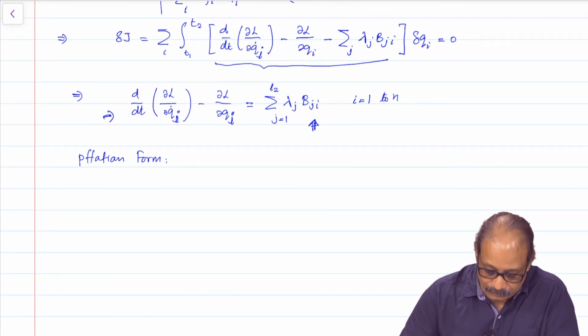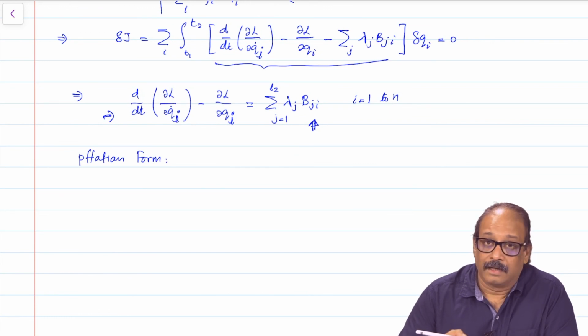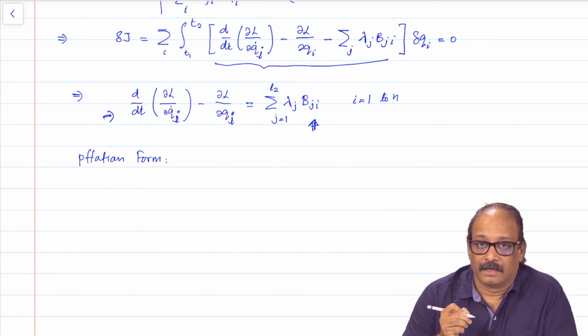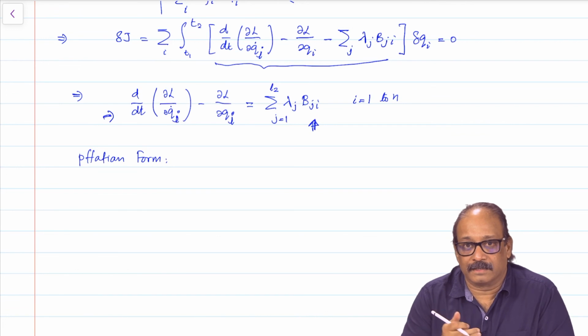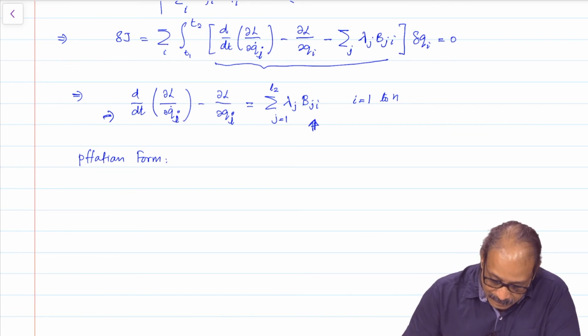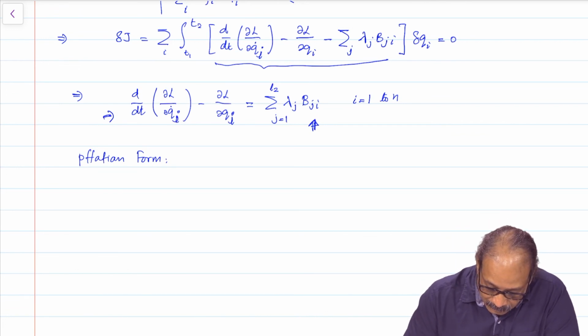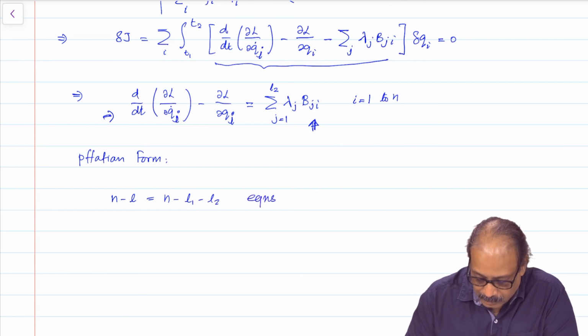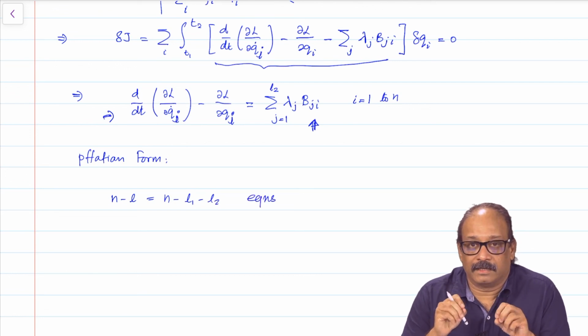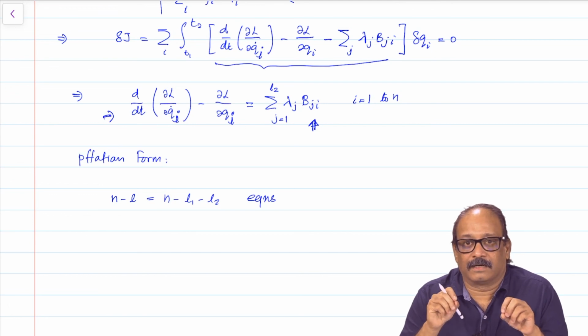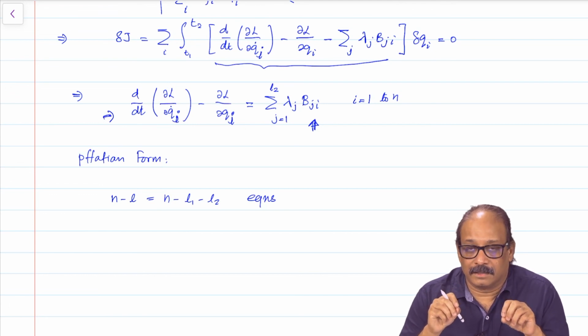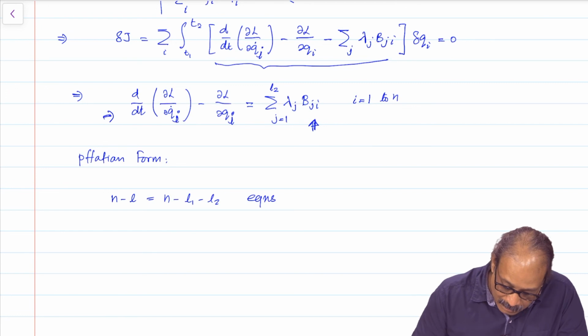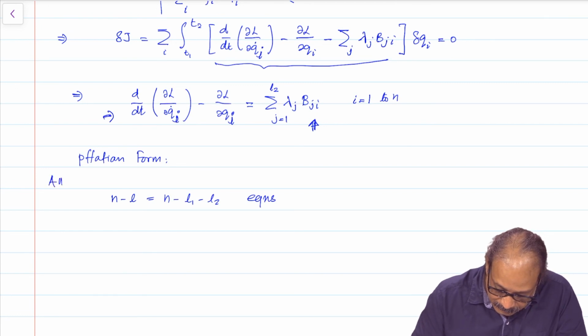Again, the price that we pay is, if I had used all the constraints, what would I be solving? I would be solving n minus L, or the same as n minus L1 minus L2 equations in those many unknowns, and those are of course generalized coordinates. This is if I use all constraints.